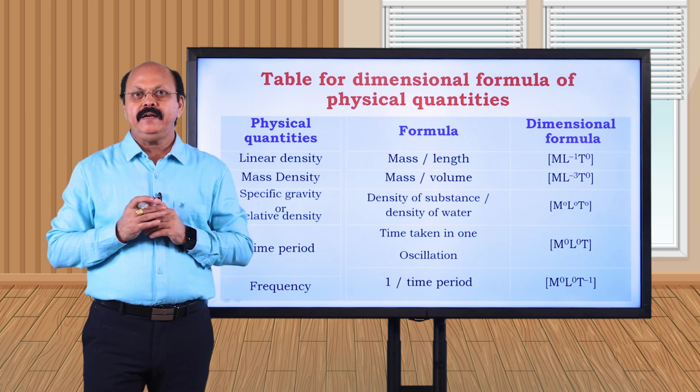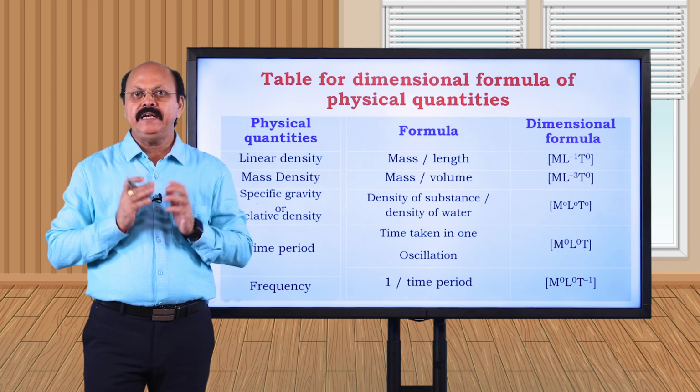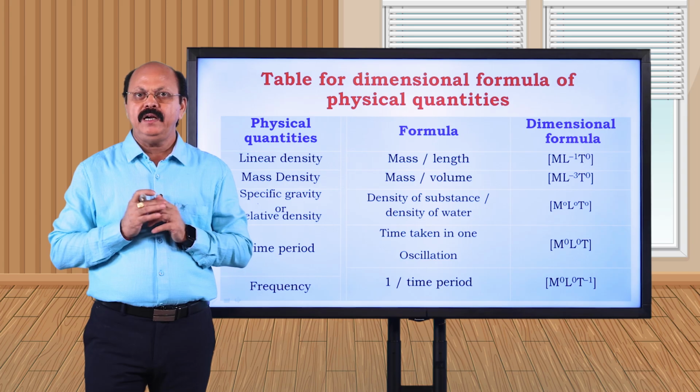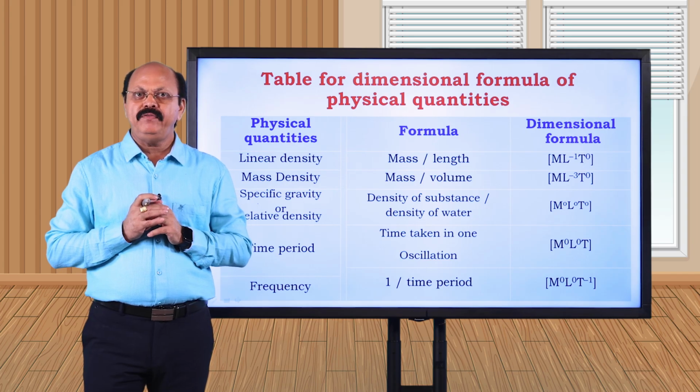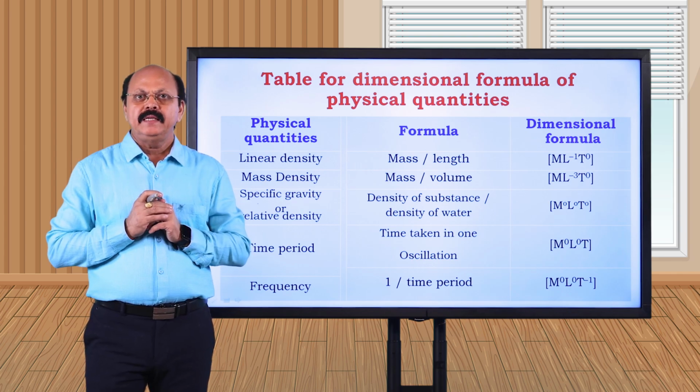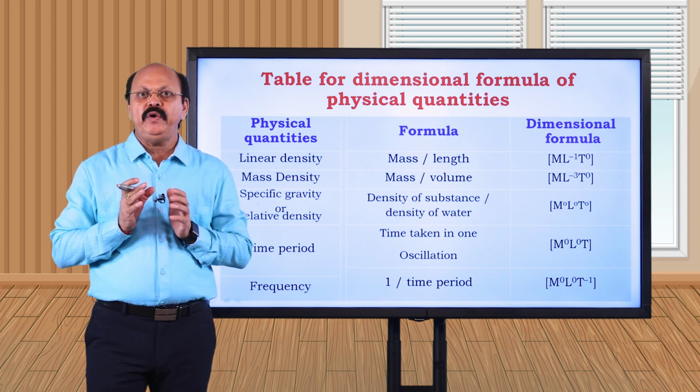Students, there are a large number of physical quantities which we have used in earlier classes and will use in future also. If we remember the formula or are given the formula, we can find their dimensional formula very easily. See slides 14 to 18.